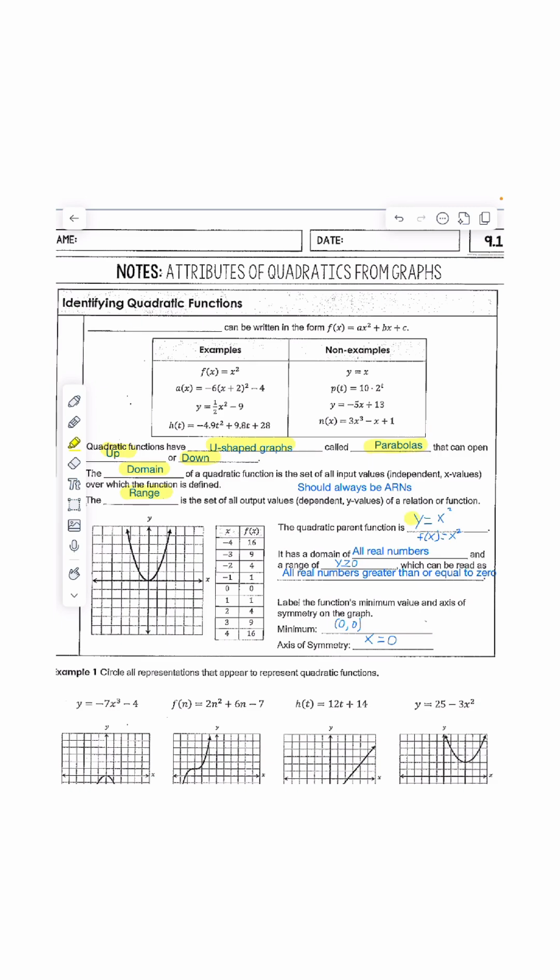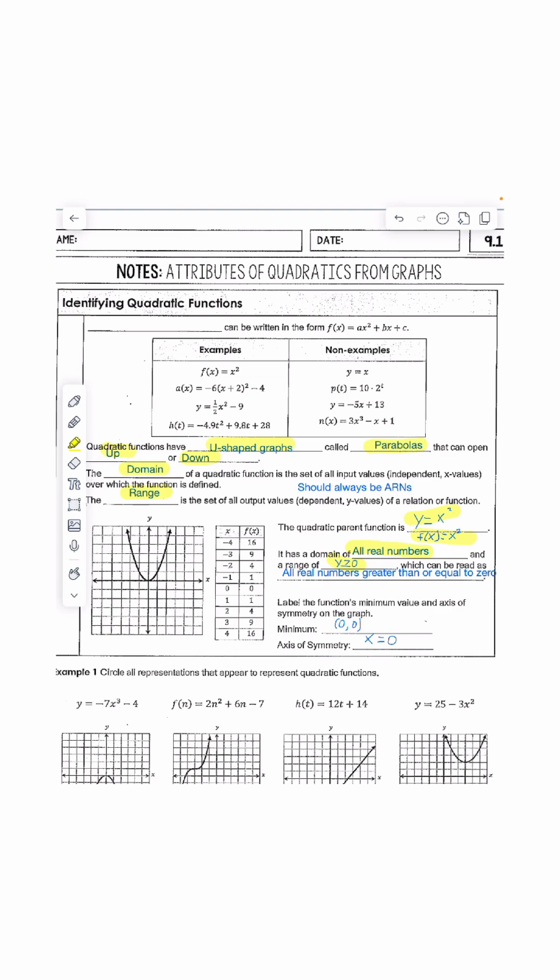A quadratic parent function is y equals x squared, or f of x equals x squared. The only difference between those two is that one has a y, one has f of x. This graph has a domain of all real numbers, and the range of y is greater than or equal to 0.